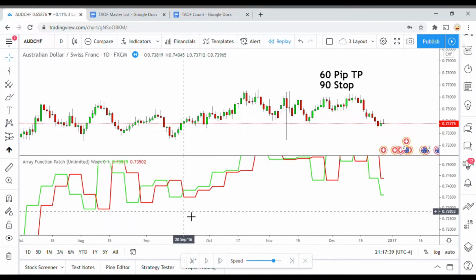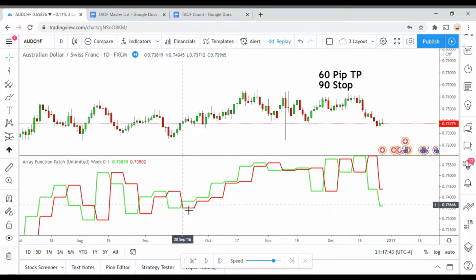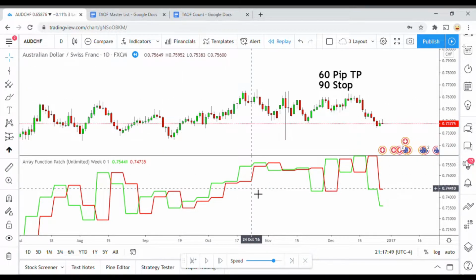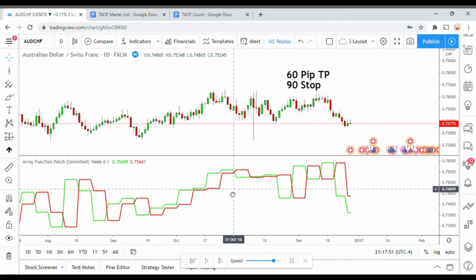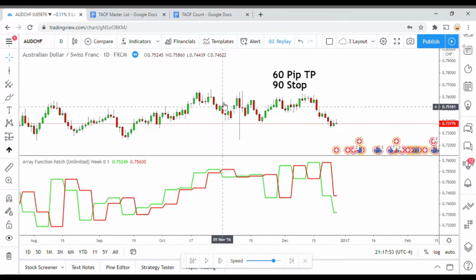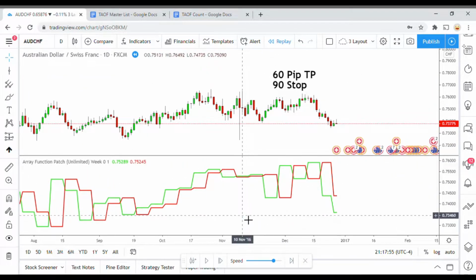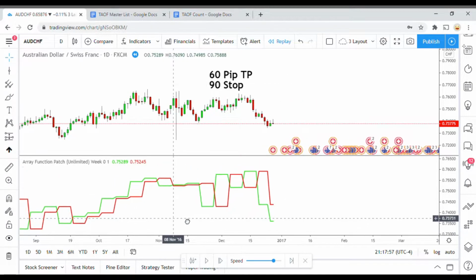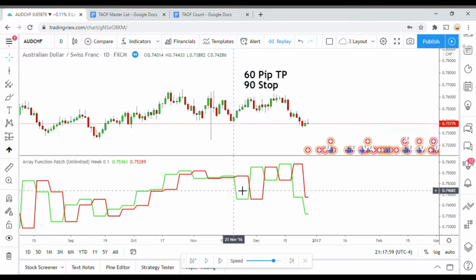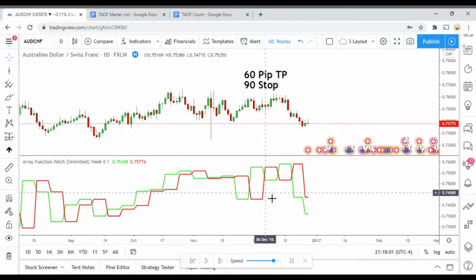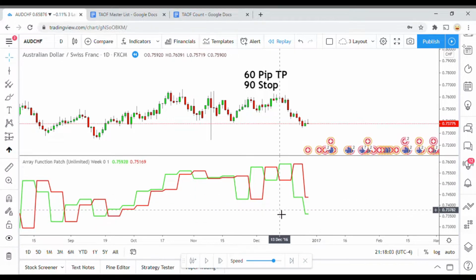Now all I did was just change the colors around a little bit, and so when the green line crosses up above the red line, that is a signal to go long. When the red line crosses up above the green line, that is a signal to go short. So, like I said, pretty simple setup. There's not a whole lot to it.